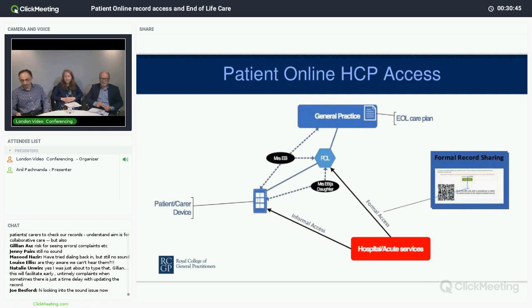I'm not going to go into how particular vendors do it, but some of the vendors give special codes that patients can give to the clinician, and they can log into their online record more formally and look at it on a screen in A&E, for example.